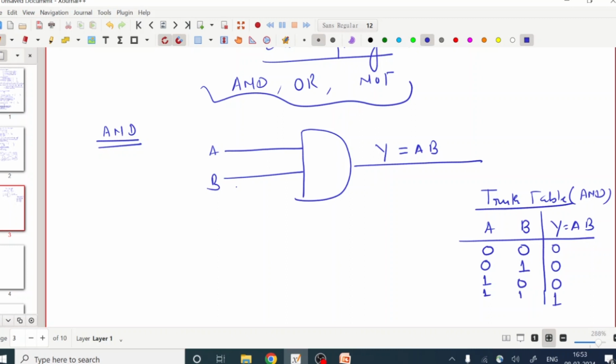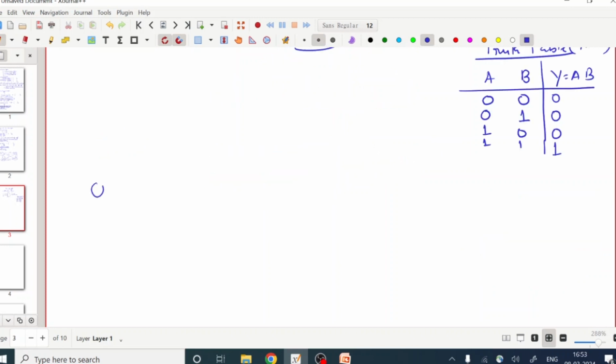Similarly, the OR gate. The logic symbol to represent the OR gate is this. Generally we talk about a 2-input OR gate.